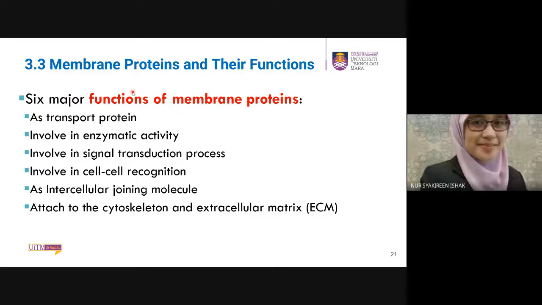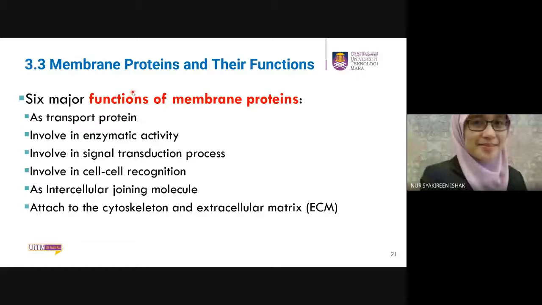Okay, tu macam contohnya awak punya red blood cells. Okay, your red blood cell, how do you know that you are of blood type A, blood type B, contohnya kan. So due to the presence of this glycoprotein that is present on the surface of the cell membrane.